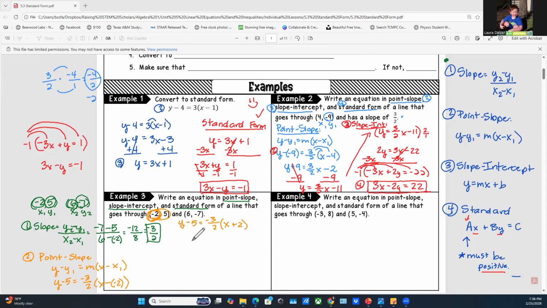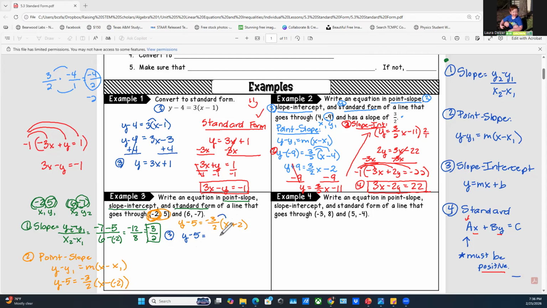Yay, we got that. So now our next step is that we're going to go ahead and switch colors, and we can go to our slope-intercept. So we're going to convert to equation 3. Okay, I've got y minus 5, I need to multiply this stuff out.